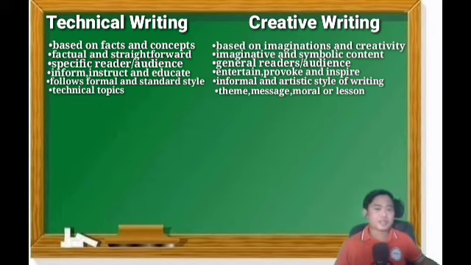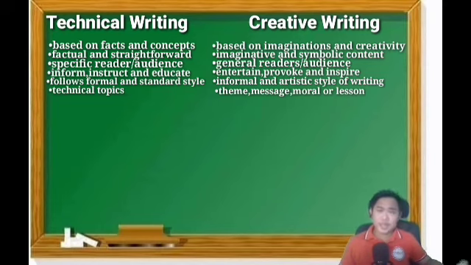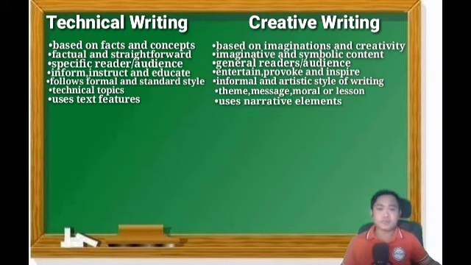Another difference: technical writing uses text features. What are those text features? Like table of contents. What else? Index, labels, charts, photos, and graphs. While creative writing uses narrative elements such as conflict, character, themes, setting, and resolution.